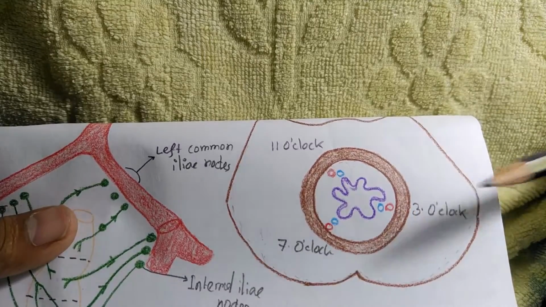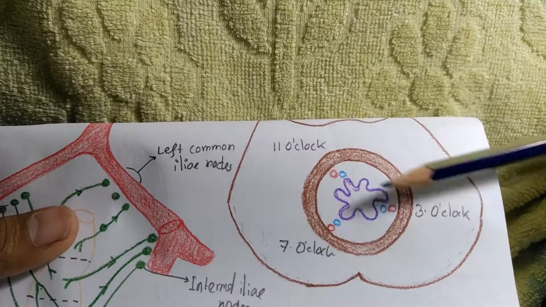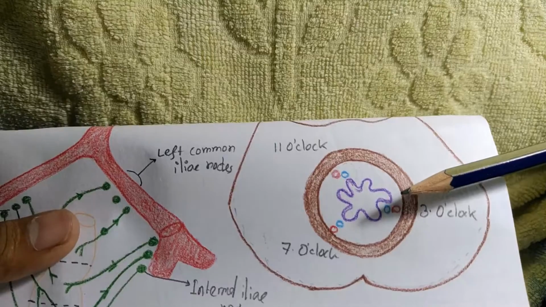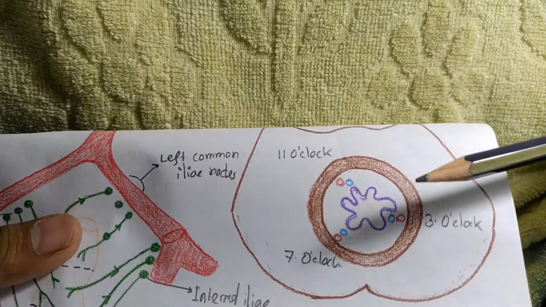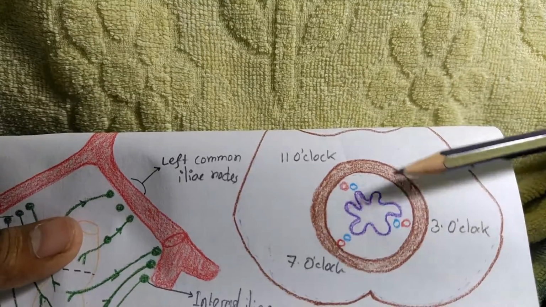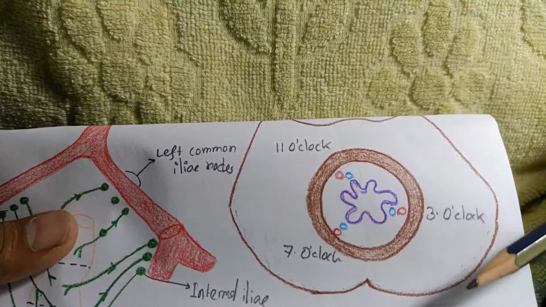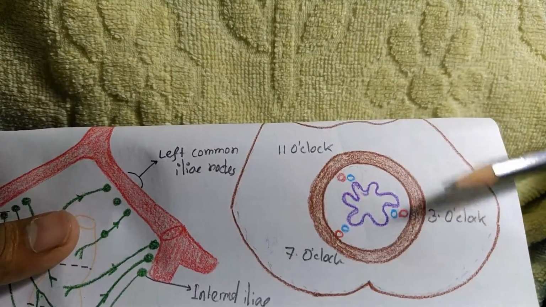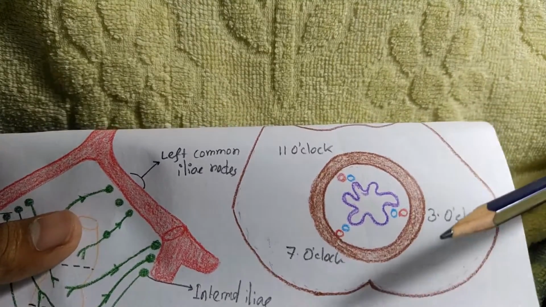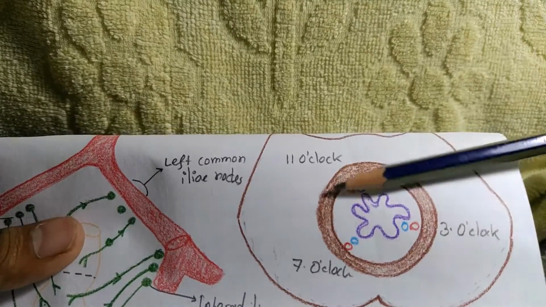So these are all the internal venous plexus or internal hemorrhoids. They will be discussed later in surgery, but in anatomy you must know what 11 o'clock, 7 o'clock and 3 o'clock are. This is nothing but the rectal venous plexus, that is the superior rectal venous plexus.